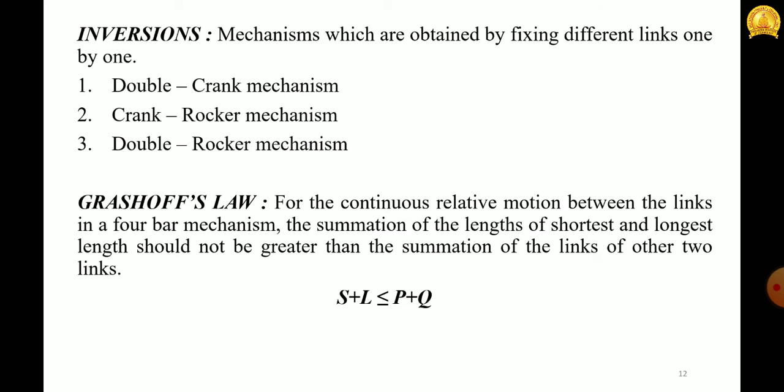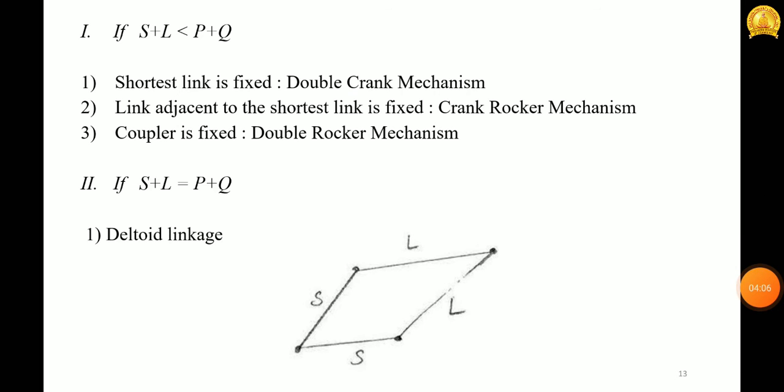A Grashof mechanism has at least one part that rotates continuously. And Grashof's law states that for continuous relative motion between the links in a 4-bar mechanism, the summation of the lengths of the shortest and longest links should not be greater than the summation of the lengths of the other two links. That is, S plus L less than or equal to P plus Q.